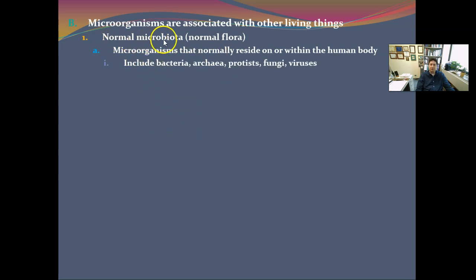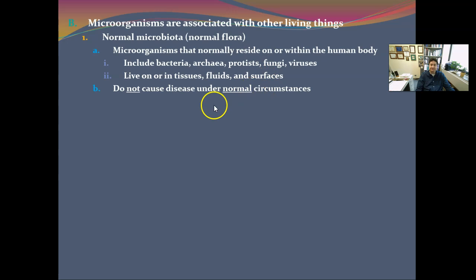But part of your normal flora or normal microbiota is bacteria. That's the big one. Most of them are bacteria. But there's some archaea there. Some protists, fungi, and even viruses can be part of your normal flora. They live on or in your tissues, fluids, or even the surface, like on your skin surfaces.